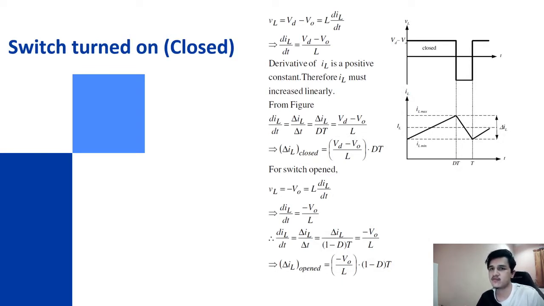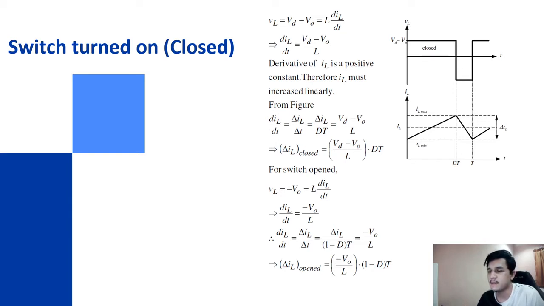And next, for switch turn on or closed, there's a formula which means VL equals VD minus VO equals L dIL over dt, so dIL over dt equals VD minus VO over L. So the derivative of IL is a positive constant. Therefore, IL must increase linearly.